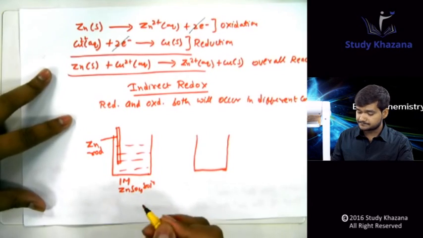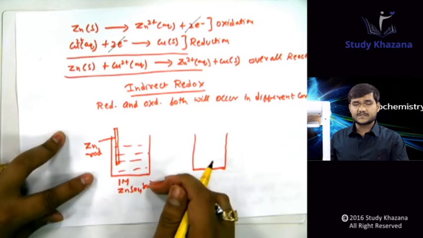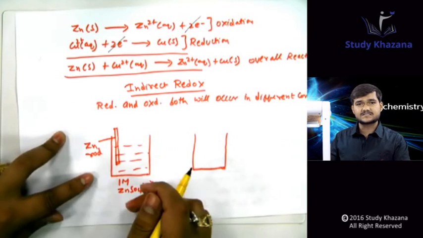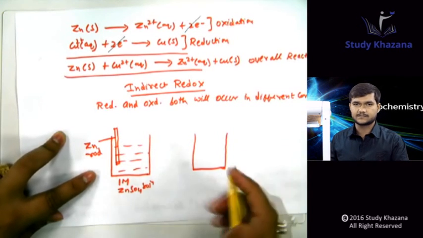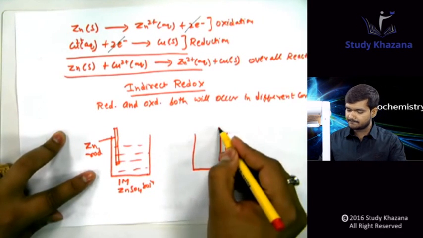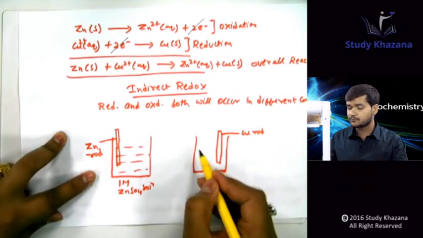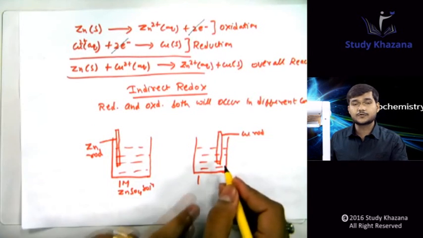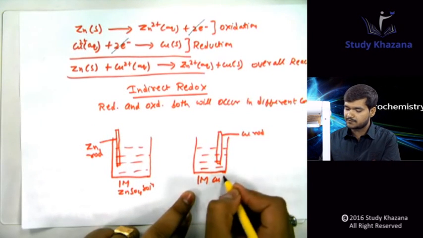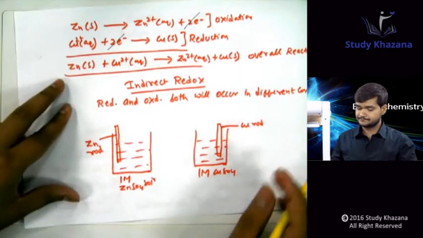We have taken the rod and a solution having the same cations as the rod, zinc and ZnSO4. And here I am taking a copper rod with copper sulfate solution, 1 molar CuSO4 solution.